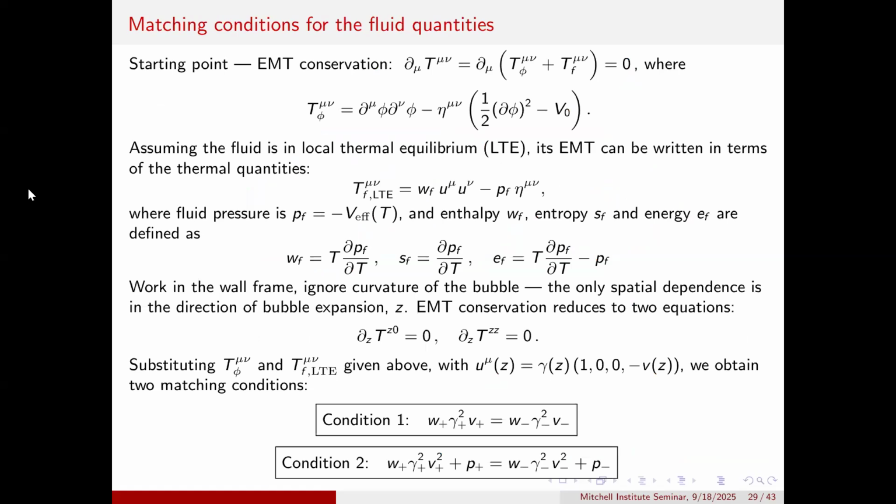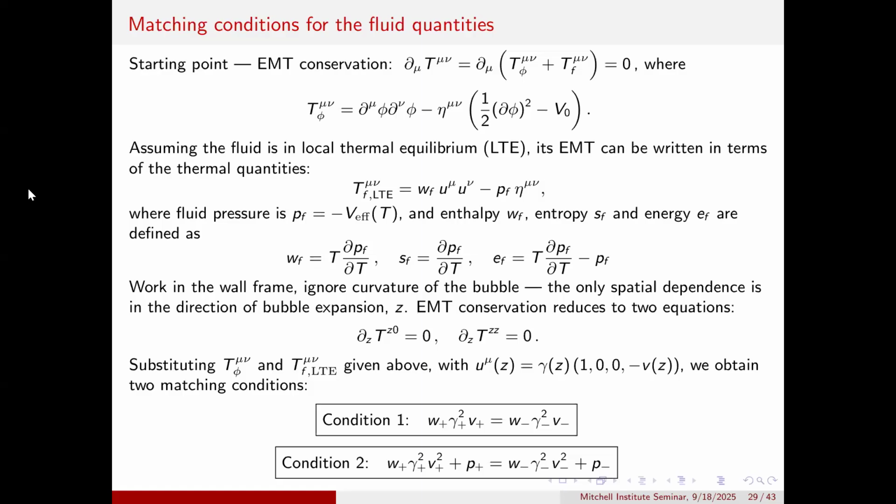First of all, we want to expand this T^{μν} for the scalar field, which is this form, and for the fluid. We want to take the approximation where the fluid is in local thermal equilibrium.